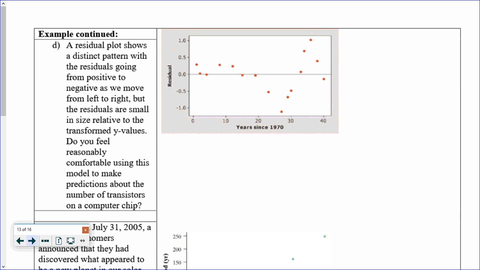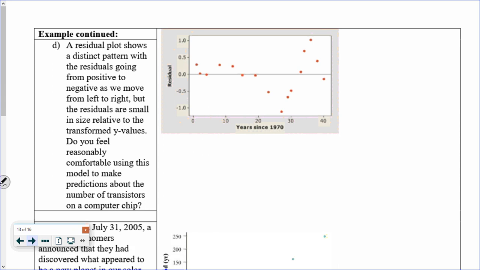Continue on. Looking at a residual plot. Remember, residual plots help you assess whether a linear model is appropriate or not. Looking at this, for the first 20 years, that's pretty good. But in the last 20, after 1990, this model lost some of its predictive ability.